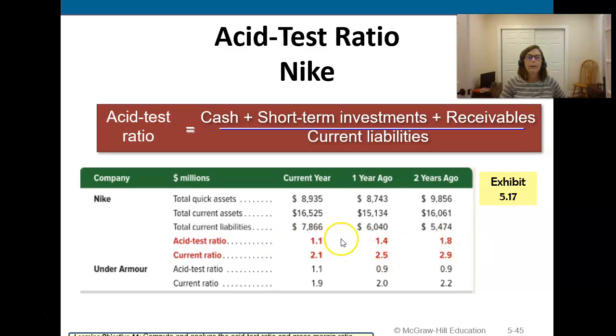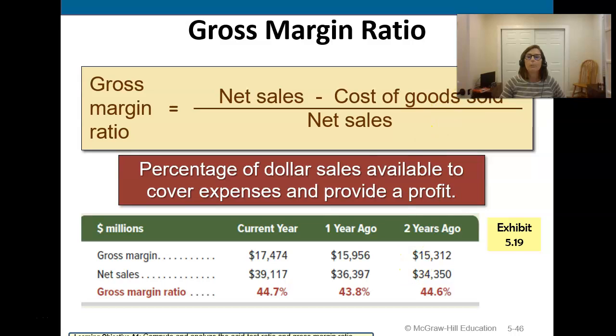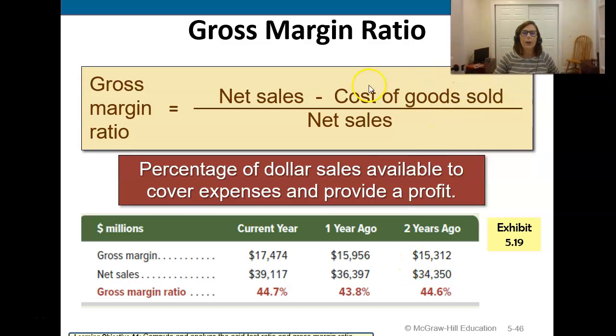But then you can compare these across industries, across time, and figure out the health of a company. Basically, if they needed to pay their current liabilities tomorrow, what could they get their hands on without actually having to make sales, is what that acid test ratio tells you.